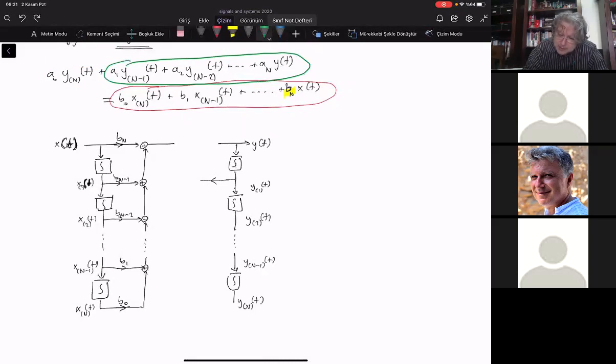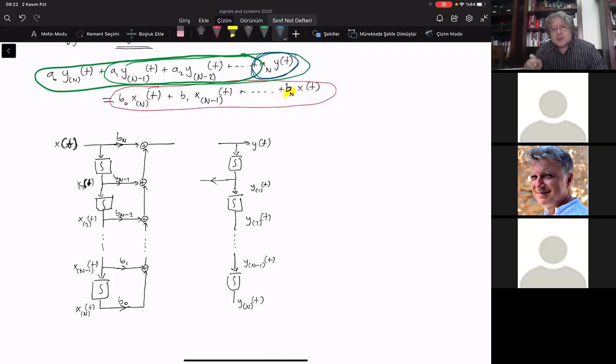I'm sorry, the green part is expected to be like this, and the blue part is this part only. Because I will isolate it and keep it at the left-hand side of the equation, that is the output, and I will put all the other, the newly green encircled portion, to the right-hand side of the equation.